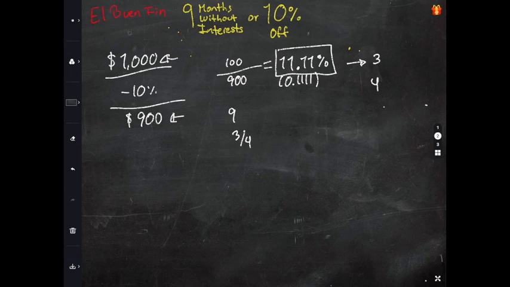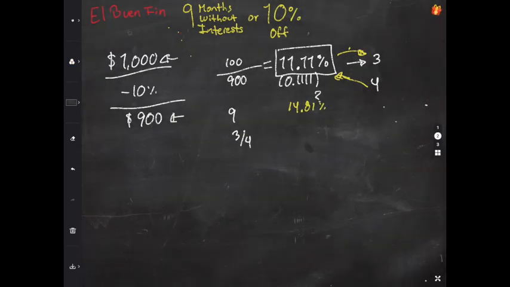I want to know how much is the fourth, right? So if we do that, as usual, we cross multiply and then we divide over the other element, and that would give us 14.81%.